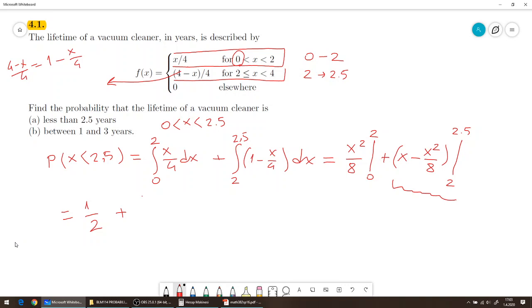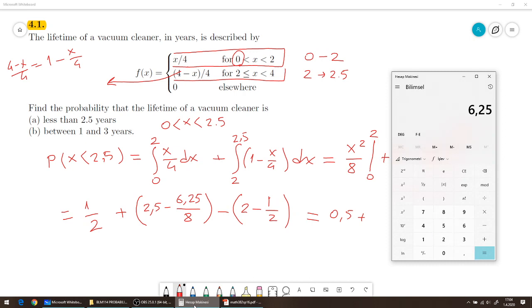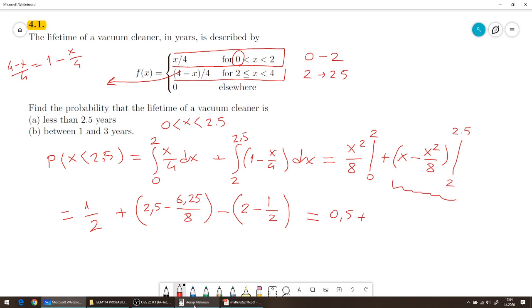Let's put 2.5 first. 2.5 minus square, minus, we will put 2. 2 minus, and it will give us 0.5 plus, let's calculate, minus 1.5.